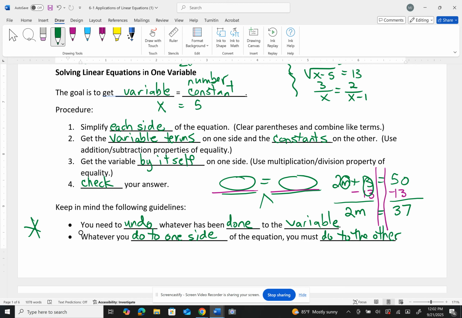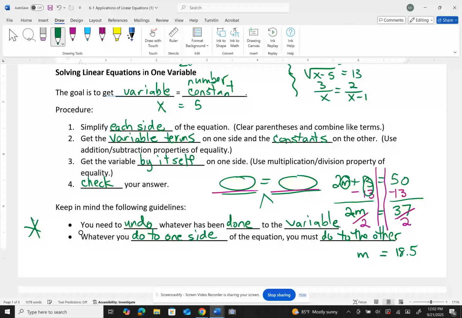Then you should be thinking, okay, and 2 is being multiplied by m. I need to undo that. So to undo it, I'm going to divide by 2. But if I do that to one side of the equation, I better do it to the other so that I keep the equation, the two sides, equal. And so that gives me m equals 18.5.